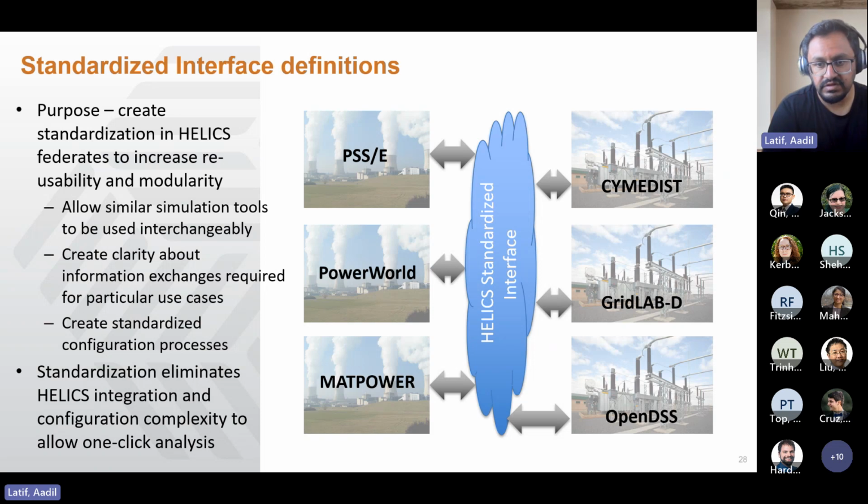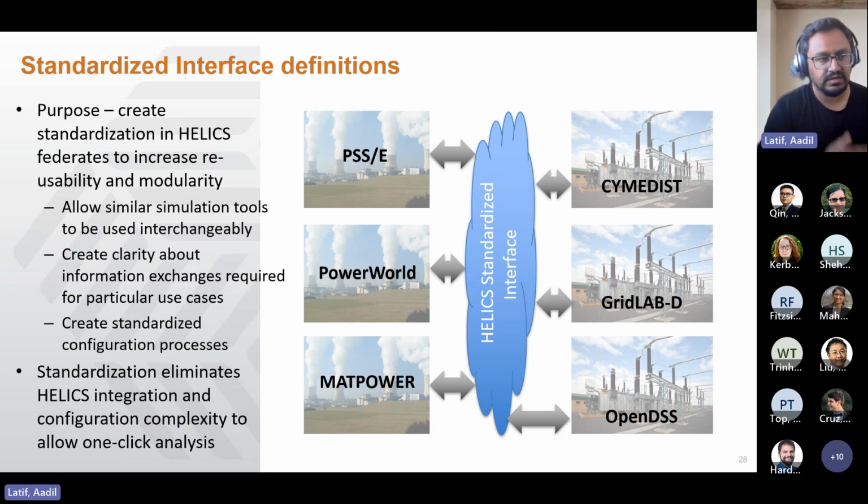All of these simulators work more or less in the same manner, but their interfaces might be very different, and it's up to the user to build out this Helix interface. Those Helix interfaces might not look very similar across the different simulators. So the standardized Helix interface was essentially an effort towards standardizing those interfaces.